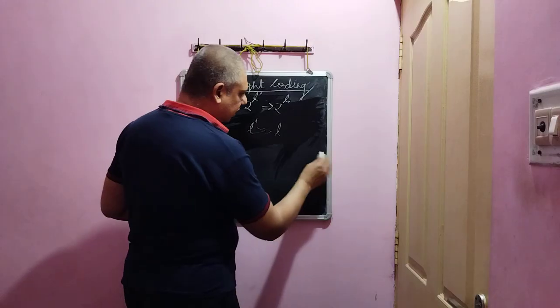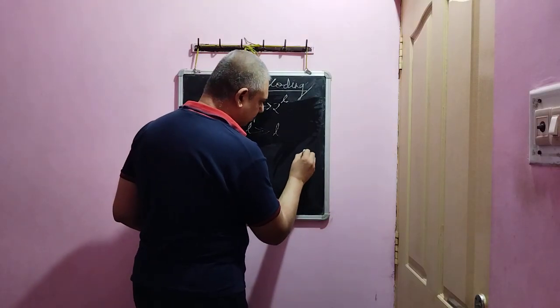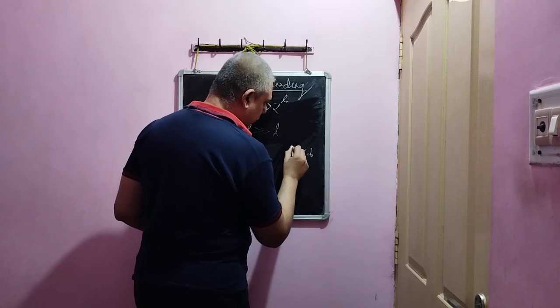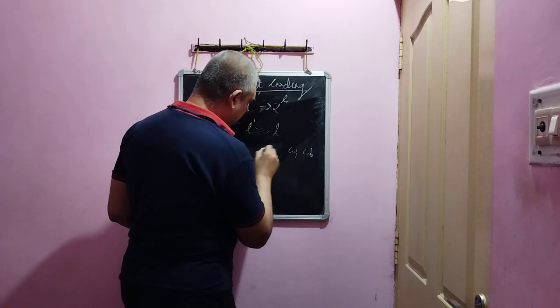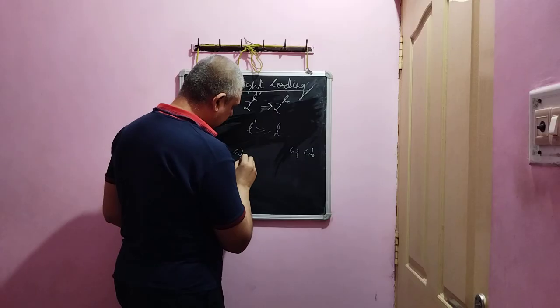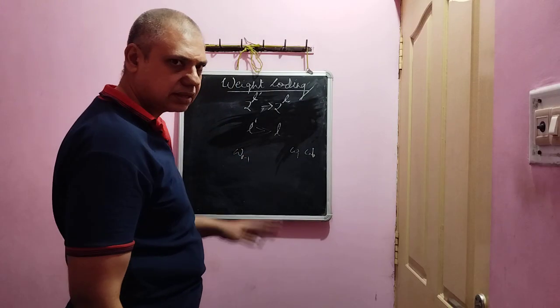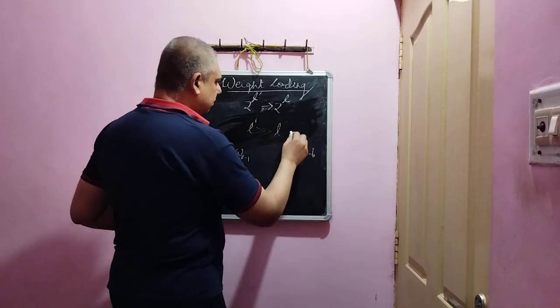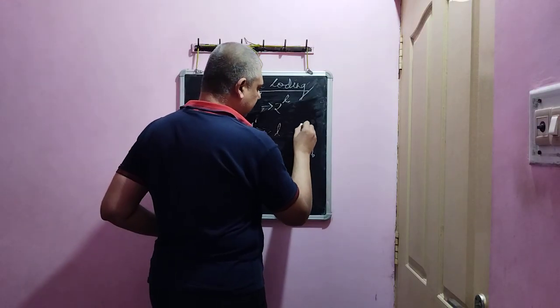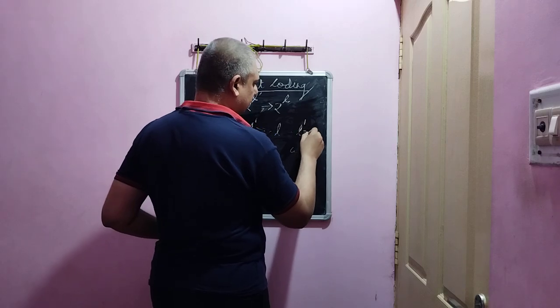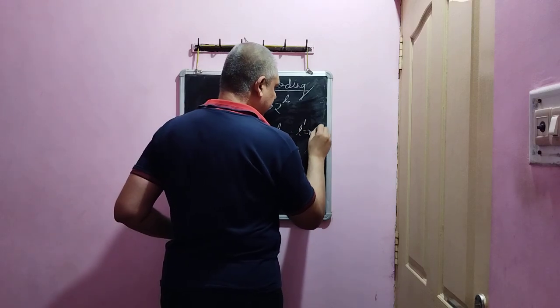Let these weights be W0, W1 and so on up to W(L minus 1), the L dash bits. So we might assume L dash equal to n times L.